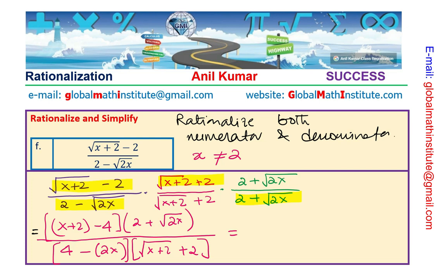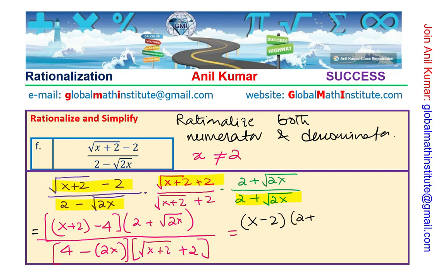Now see, we have x minus 2 in the numerator. x plus 2 minus 4 gives me x minus 2, right? And here we have 2 plus square root of 2x. And in this expression, 4 minus 2x, I can take 2 common.